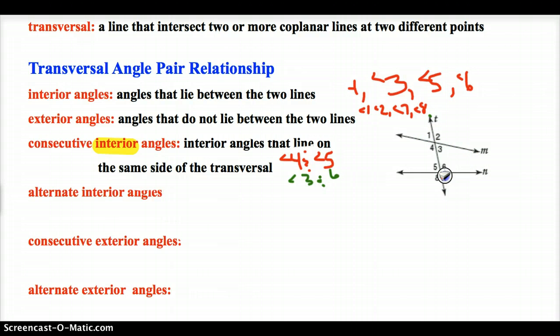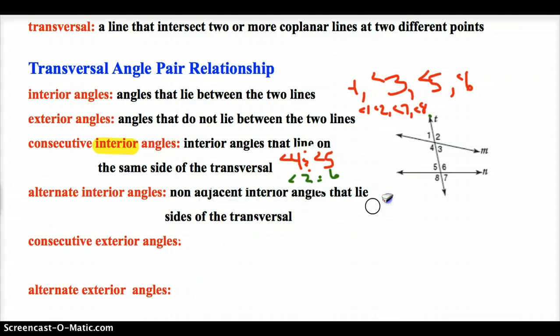Let's clear this. Alternate interior angles would be non-adjacent interior angles that are back and forth. So alternating.